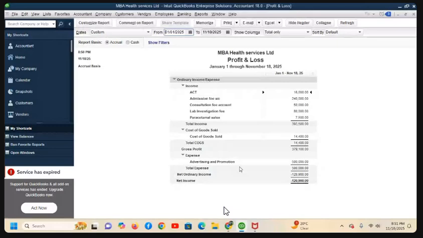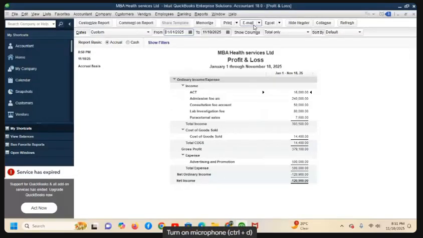Now the gross profit, remember we had admission and promotion, which I entered earlier. So it will have 500,000. Because the expense is exceeding the gross profit, we'll have a net loss of this. Are you getting it? This is a profit or loss.